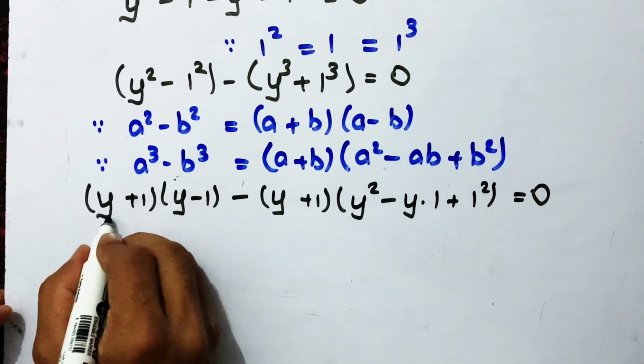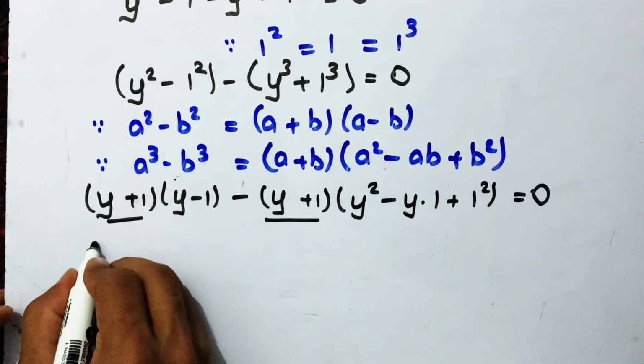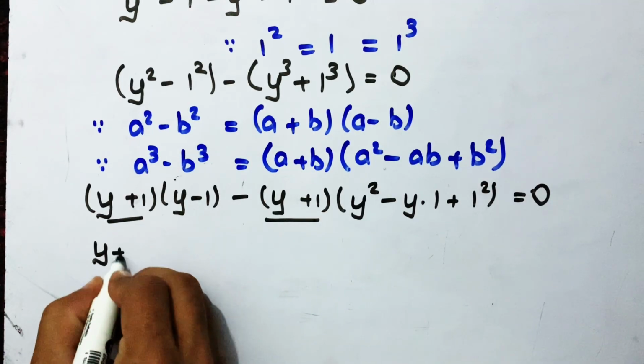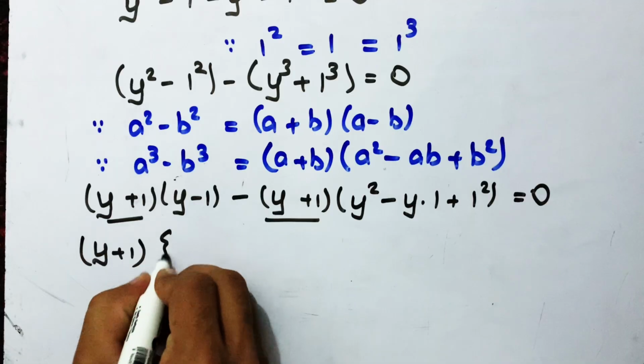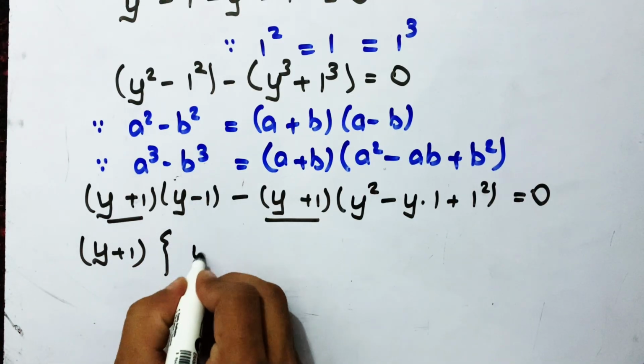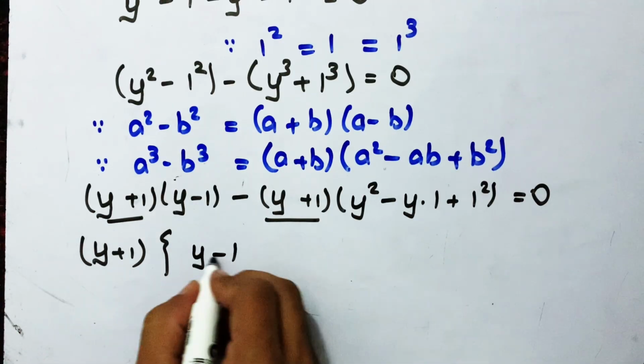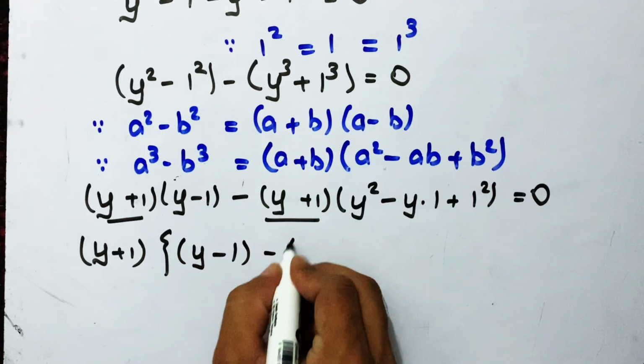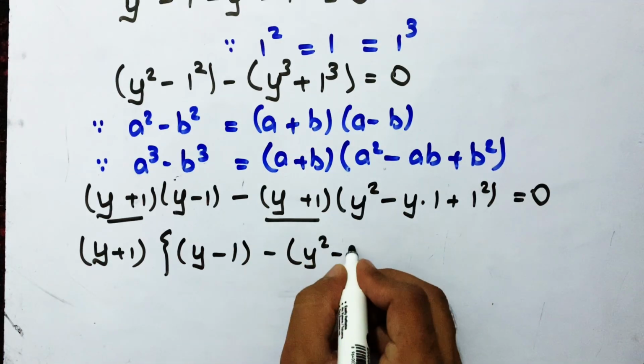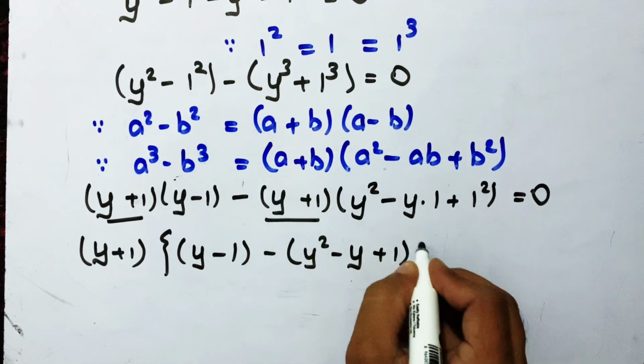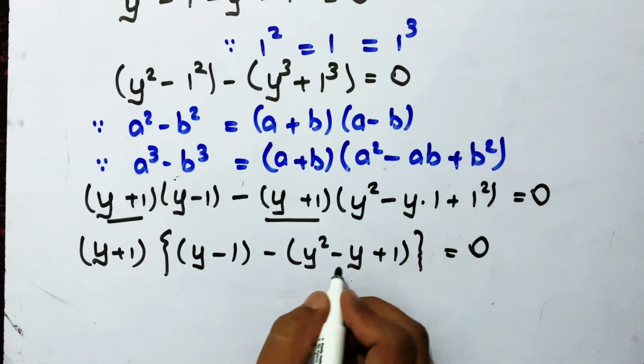So take y minus 1 common: y minus 1 bracket y plus 1 minus y square plus y plus 1 bracket close is equal to 0.